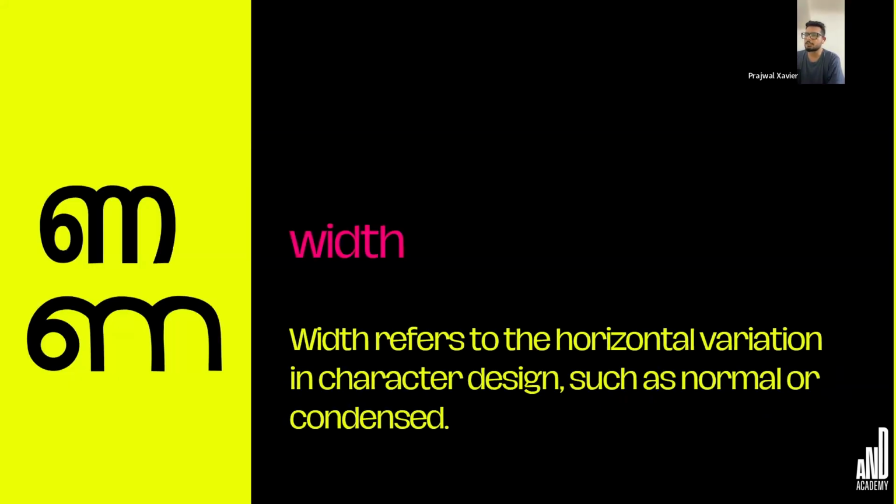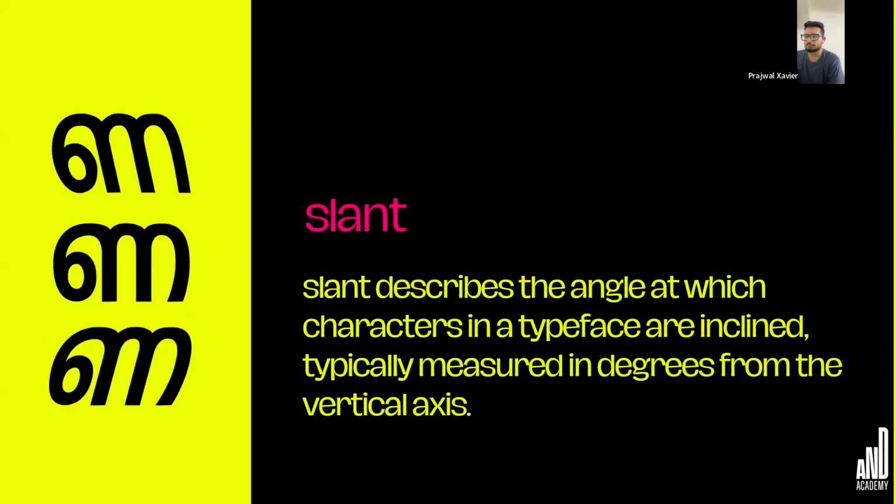And then there is another term called width. You can see the difference from these two examples. It is the horizontal variation in a design. Then there is another term called slant. Here you can see three different types of slants. We know there are only two basic slants, normal and italics. But in some Indian scripts, we can see a reverse of italics, which is called a back slant.